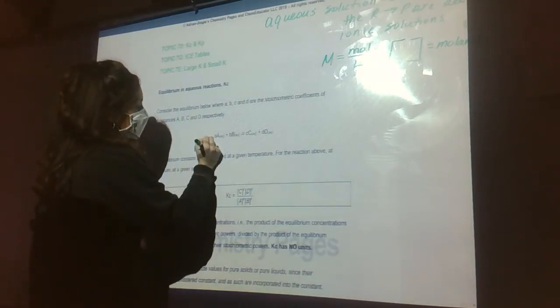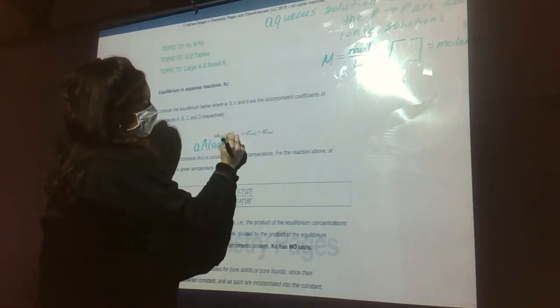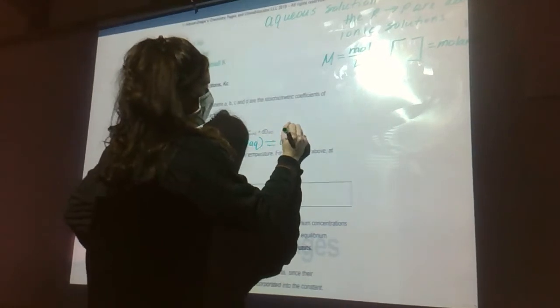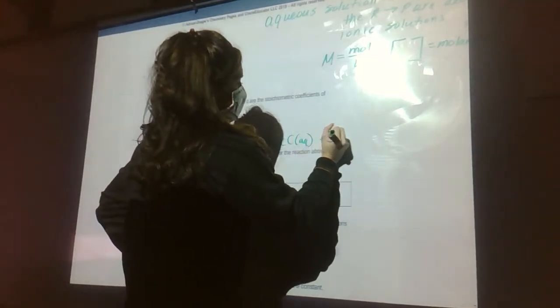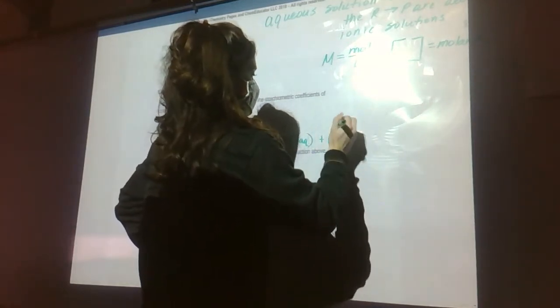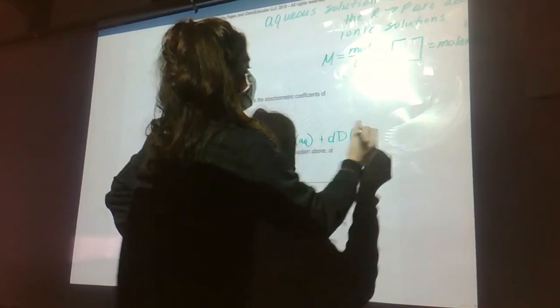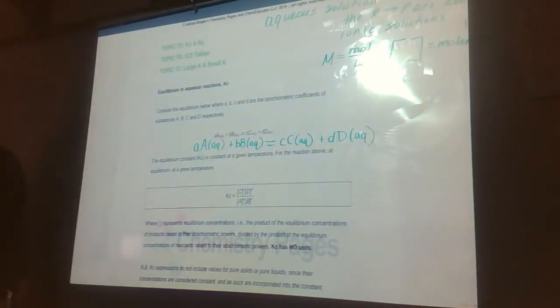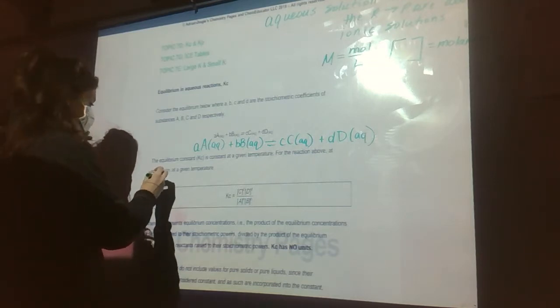Okay, so if we have an equilibrium reaction like this one, and these are all aqueous solutions in our equilibrium reaction, we can calculate something called the equilibrium constant, Kc.